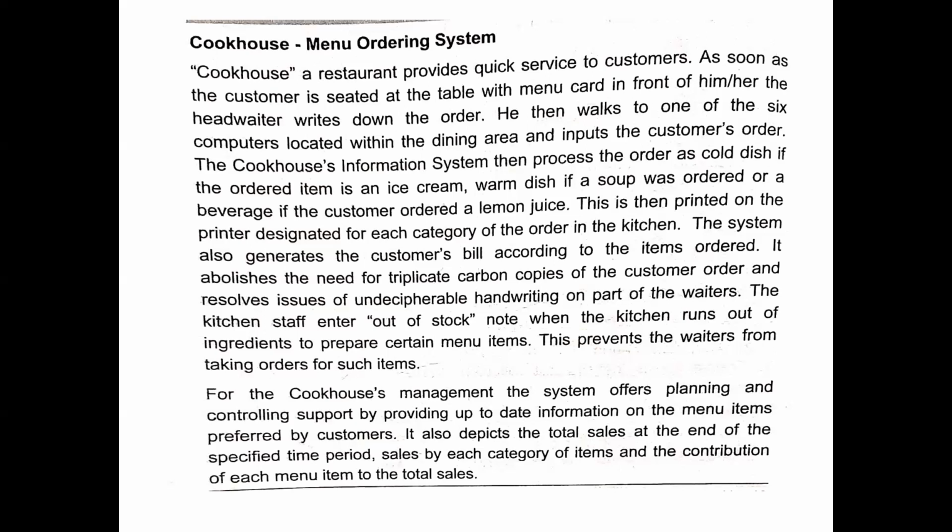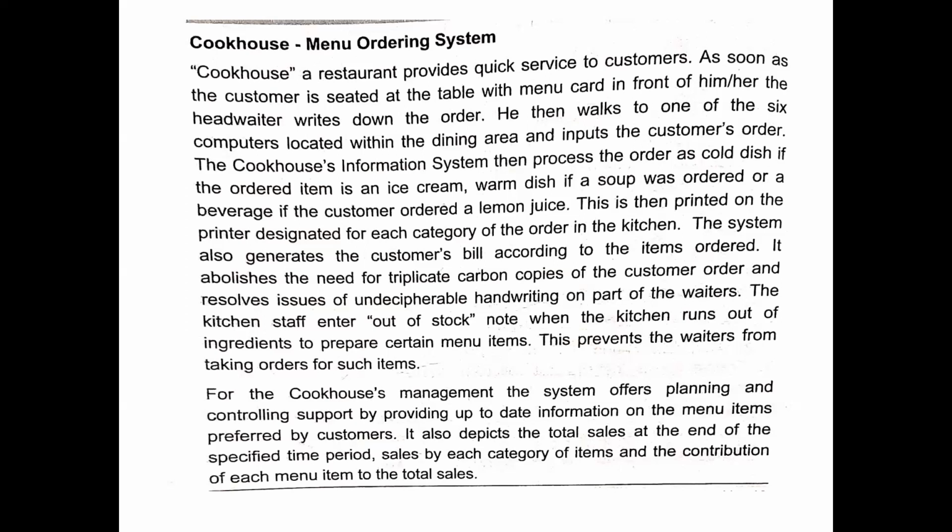If it is a cold dish, like ice cream or any cold juice, that will be considered a cold dish. If we talk about soups, coriander soup, vegetable soup and whichever different types of soups there are, that will be in warm dishes, and the lemon juice will be in the beverage category.